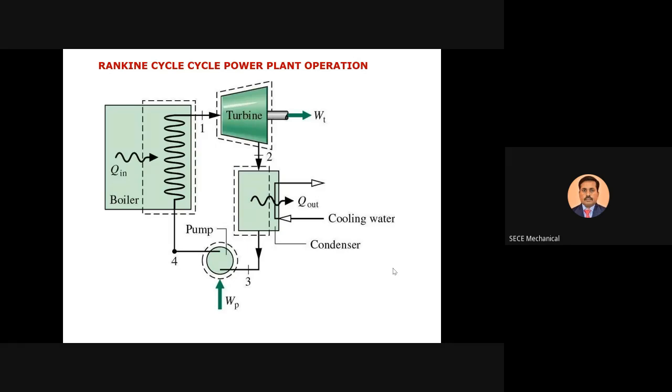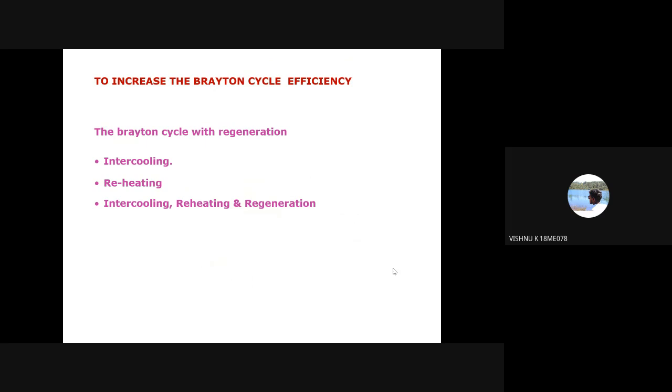Similarly, you can improve the power by modifying three areas in the Brayton cycle, or we can say gas turbine power plant efficiency can be improved.